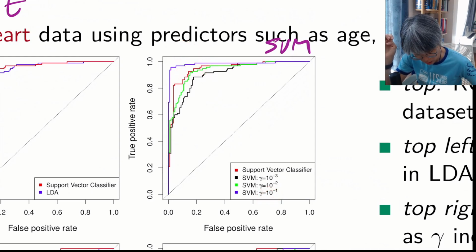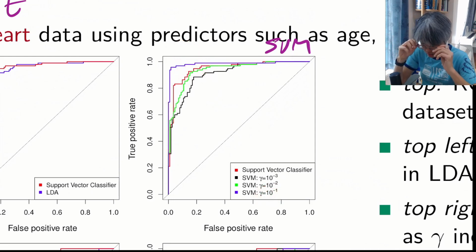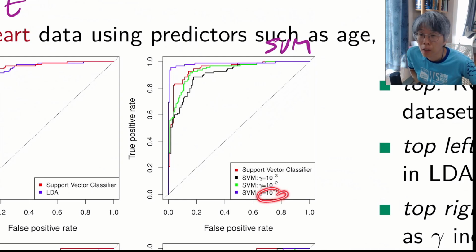Remember that when gamma is increased, if gamma is large, only those training points that are close to the test point will have a role. So when gamma is large, your SVM has more local property.